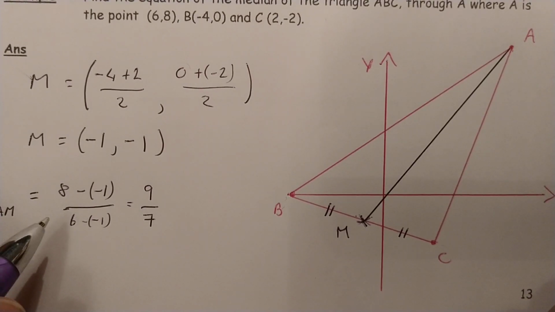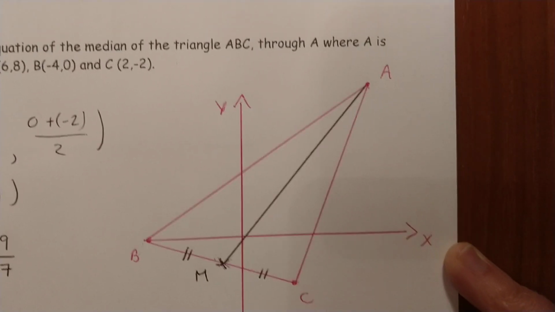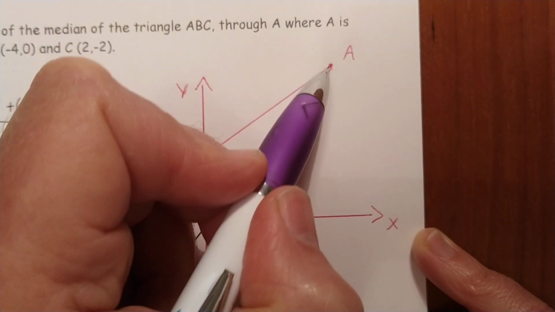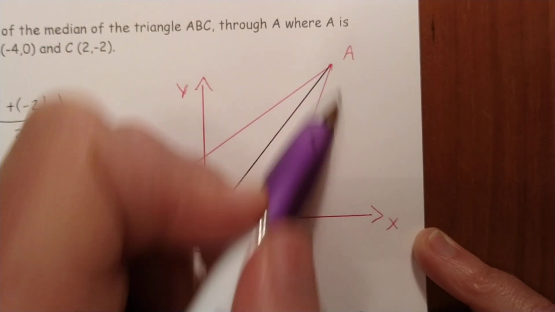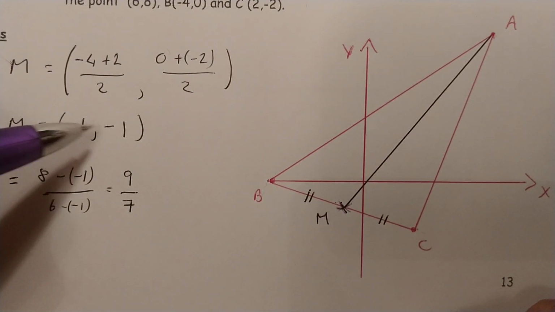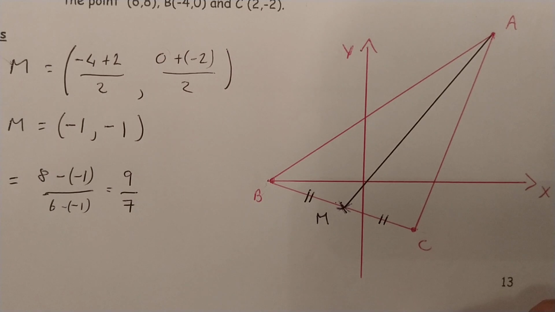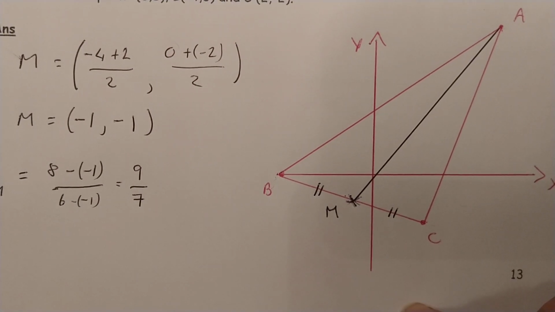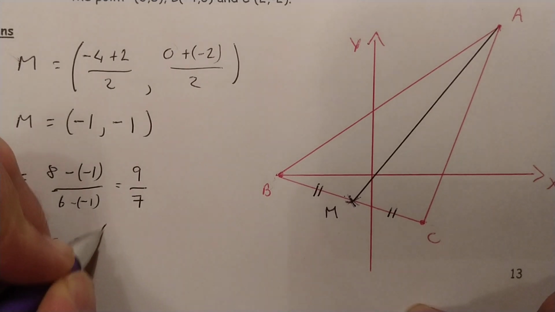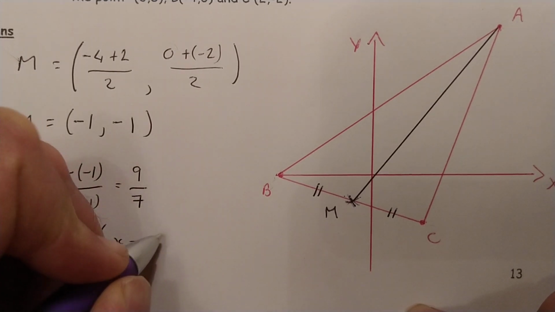Okay. As I say, I can choose either point, this one here, (-1, -1), or this point here, (6, 8). All right. Some will use the (-1, -1) because they'll say they're smaller figures. Some will use the (6, 8) because they'll say they're positive. Doesn't matter. So y take away b equals gradient bracket x take away a.